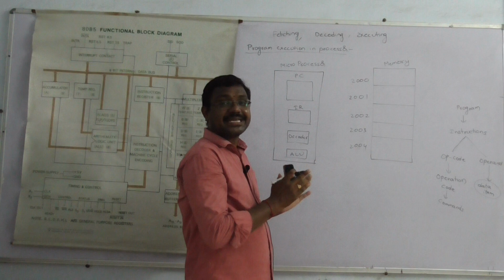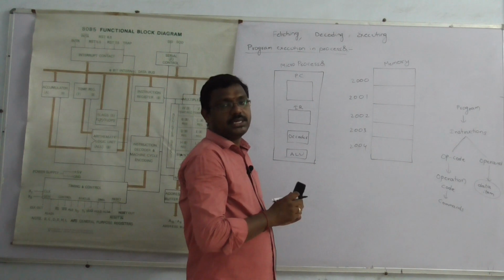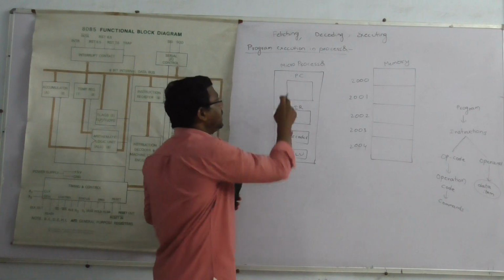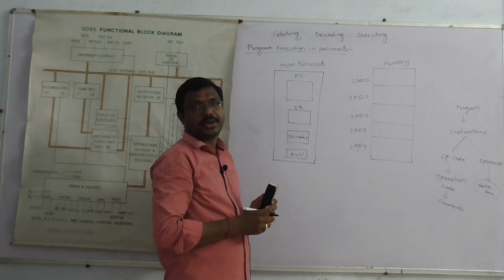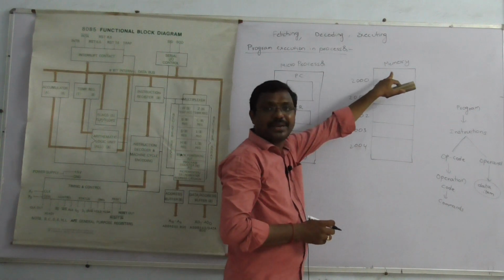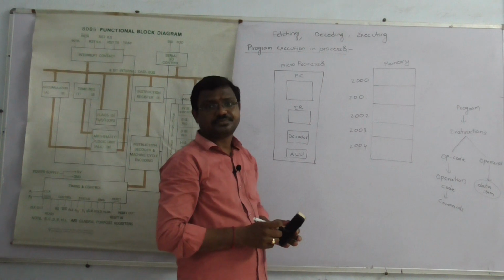The memory acts as the brain of a microcomputer, and the microprocessor acts as the heart of the microcomputer. Memory can store the information.